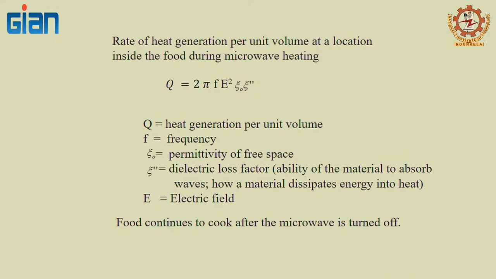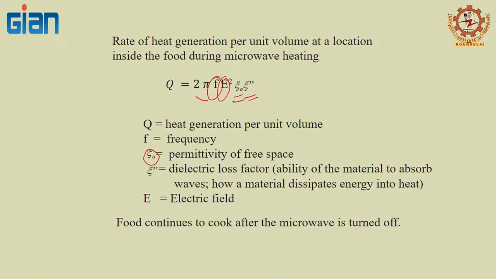The rate of energy generation per unit volume inside a microwave can be calculated using this relationship: 2 pi, the frequency, the electric field, and then you have two parameters, epsilon 0 and epsilon double prime.